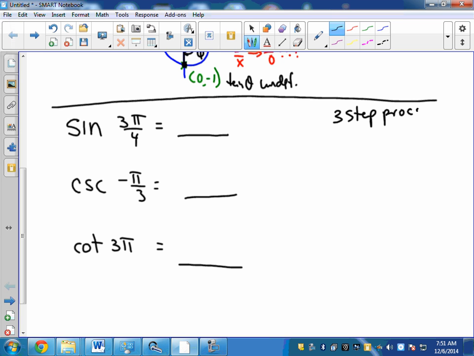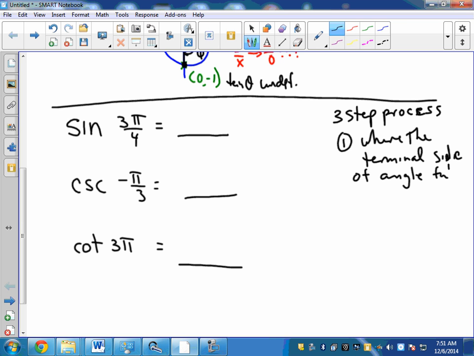The first step is to figure out where the terminal side of the angle falls.